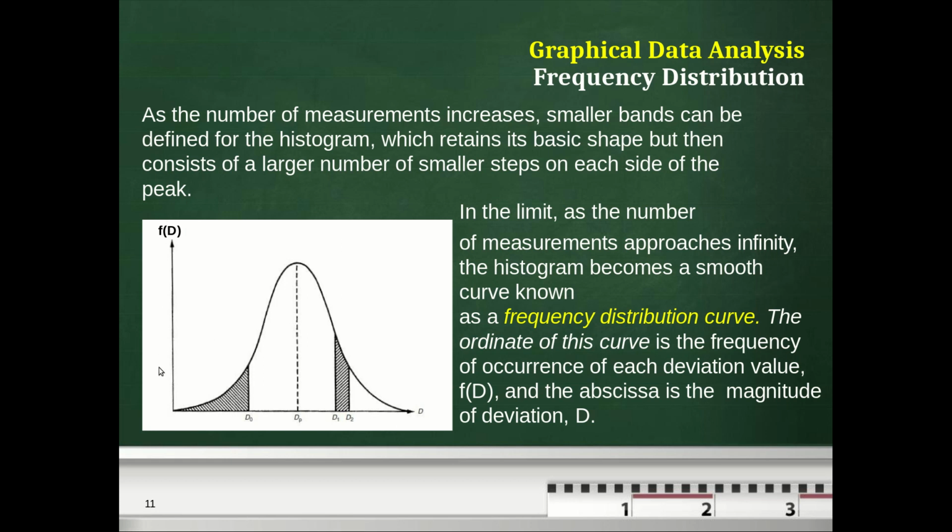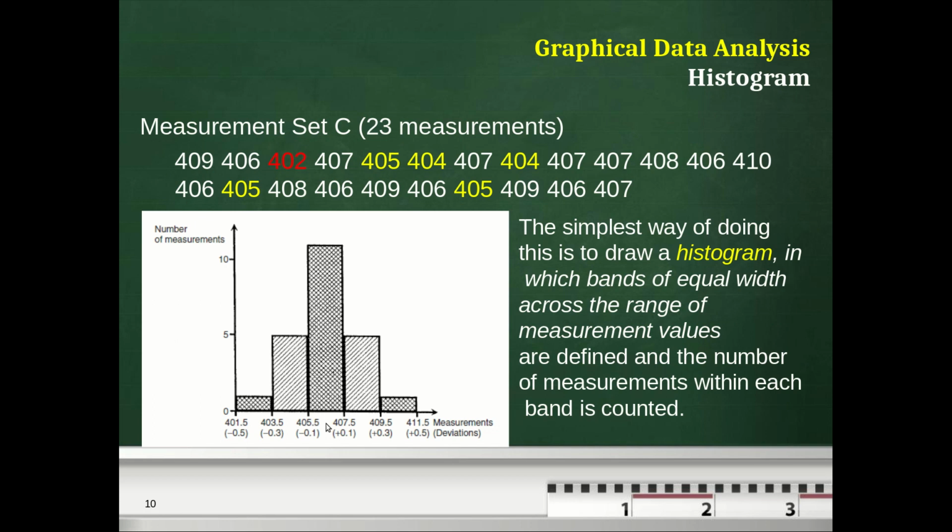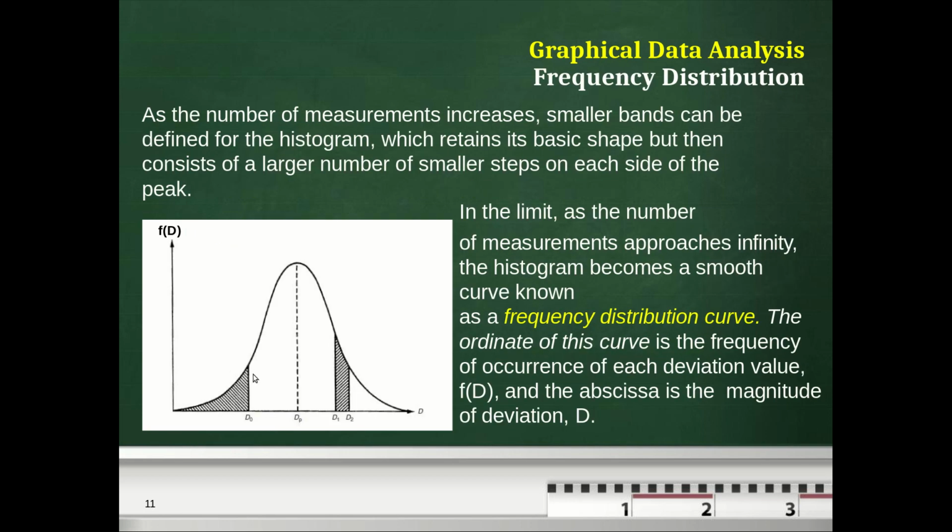Here this is the frequency of each value, how many times it occurs in all the measurements that you take, and this is the value of the deviation. So here are the deviations, and the frequency is how many times each occurs in the whole set that we have.